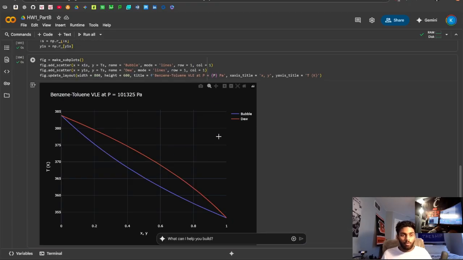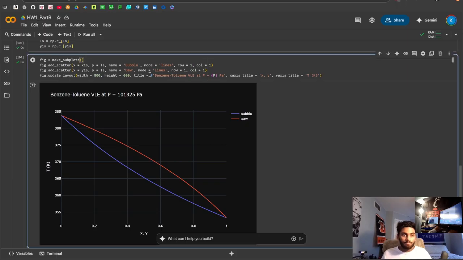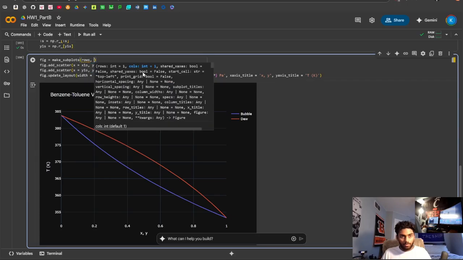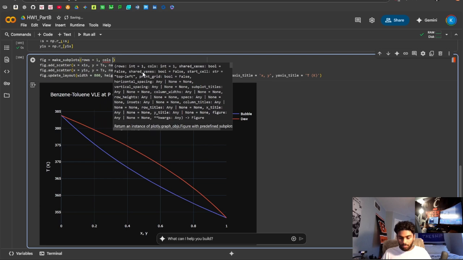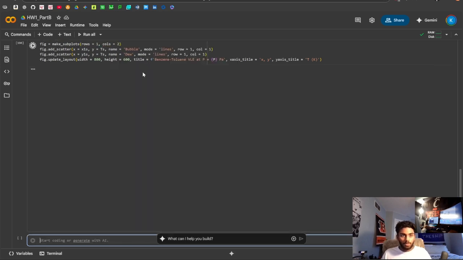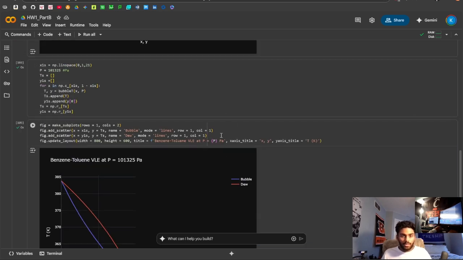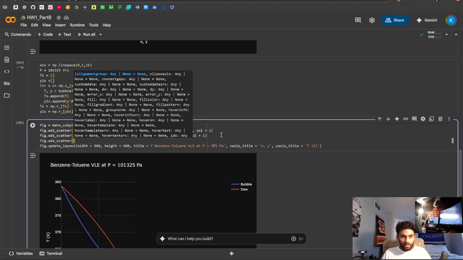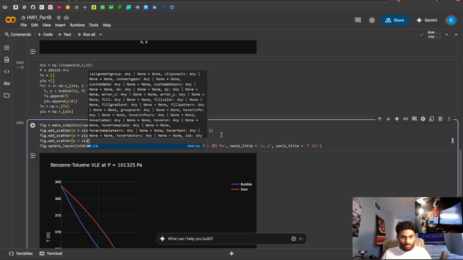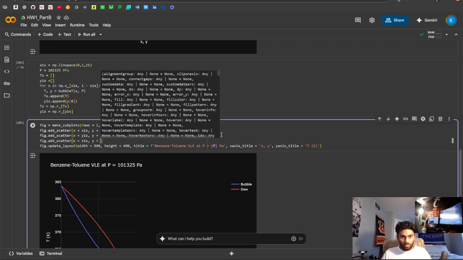Now the last thing that we want to plot out, and maybe I'll just plot it right next to here, equals 1, equals 2. One last thing that we want to code out here is our X versus Y graph. Add scatter. So now we have our x is equal to our x1s, y is equal to our y1s.